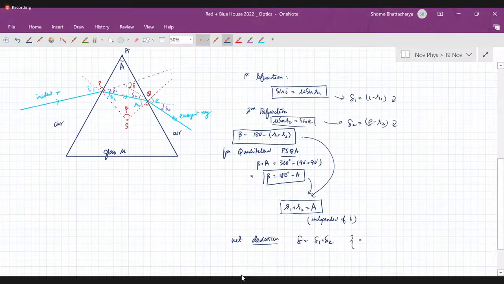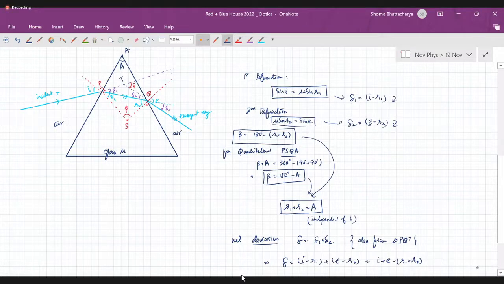Also, you can see that from triangle, if you name this point where they meet, say T, you can see that the exterior angle is the sum of the interior opposite angles. So we get the formula for the net deviation as I minus R1 plus E minus R2. So that is I plus E minus R1 plus R2.